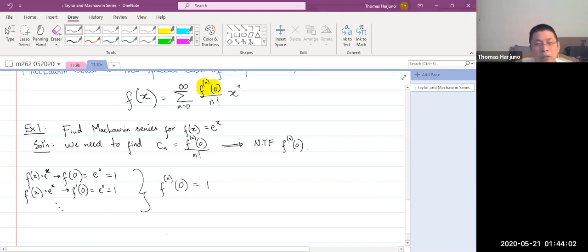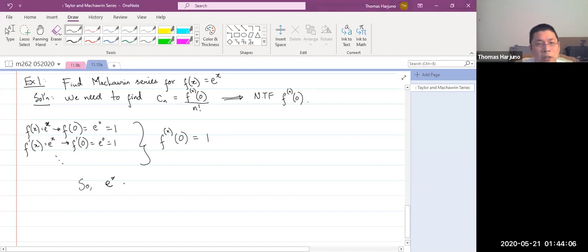Right? So the Maclaurin series will be e to the x is equal to the series from n equals 0 to infinity of 1 over n factorial times x to the n.